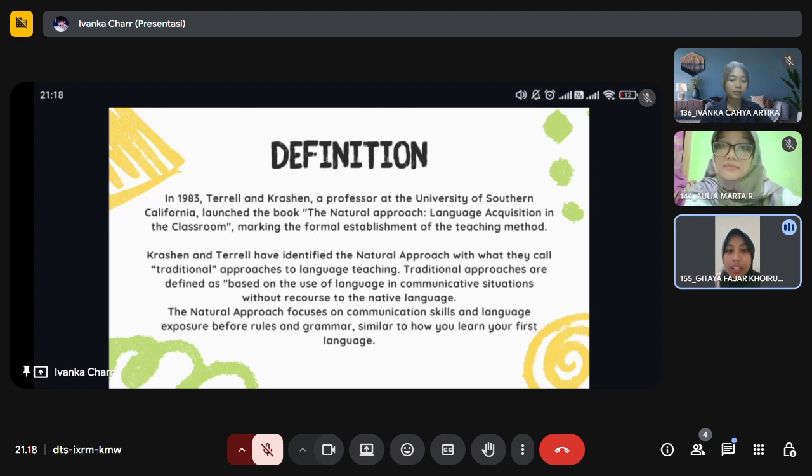So, we can conclude that the natural approach is an educational method for teaching language that emphasizes meaningful communication and acquisition of language skills in a naturalistic manner. The natural approach is designed to help the beginner become intermediate because the learning process focuses on communication skill and language exposure before rules and grammar, similar to how you learn your first language.